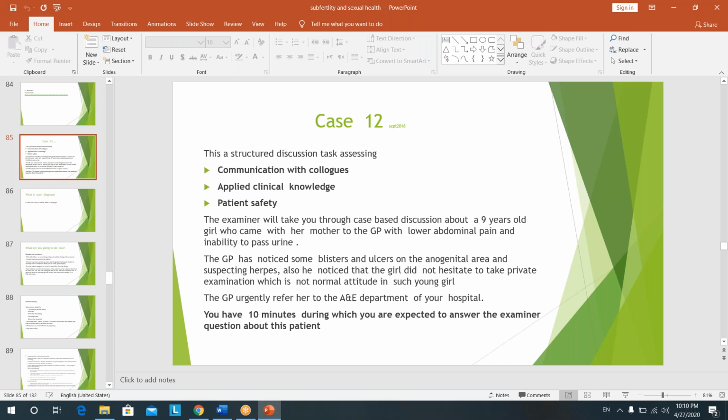This will be my inspection for the blisters, for any unusual discharge, and also gently to check for any tear, anything in the hymen, whether it is intact or not. And I may also need to do a rectal examination if the hymen is intact.